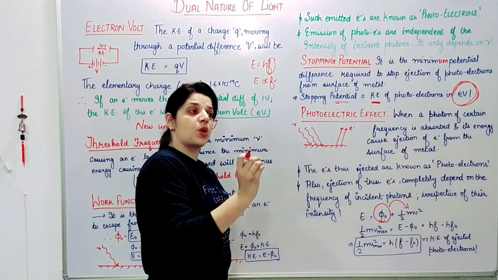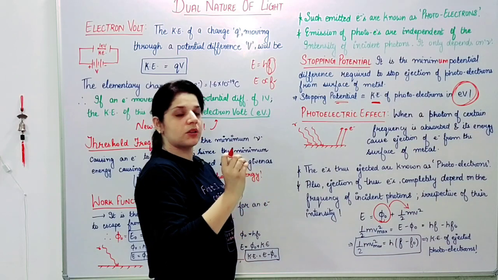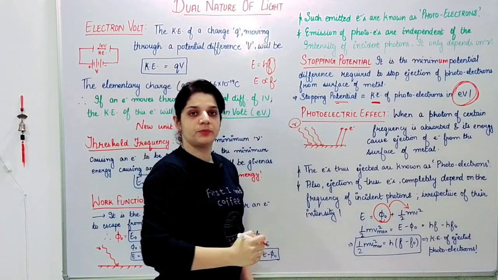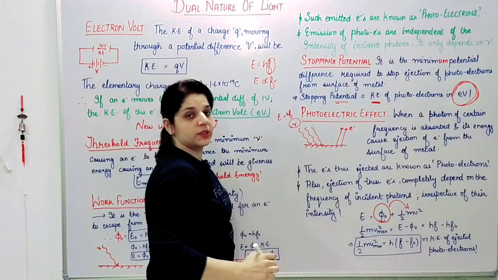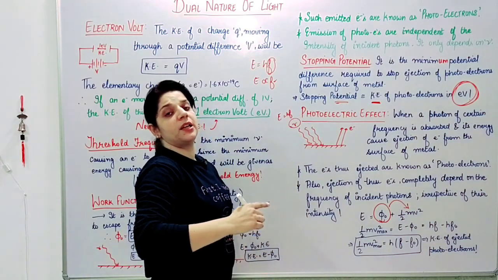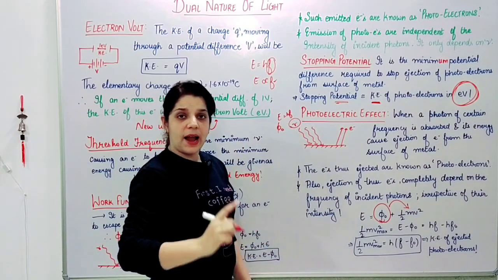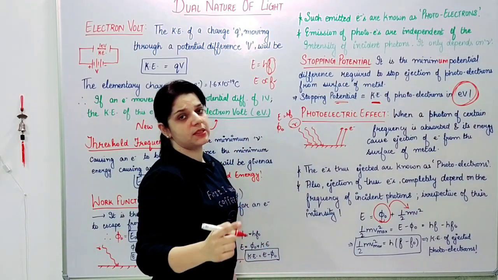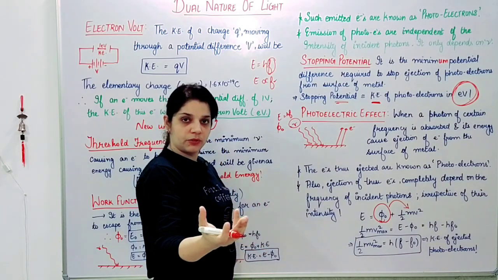Now, if a question comes, this is the frequency of the incident photons. From this, you know the quantity E, which is hf. Work function of the material is also given. So, you have phi naught and you have been asked to find the maximum kinetic energy of the emitted electrons.